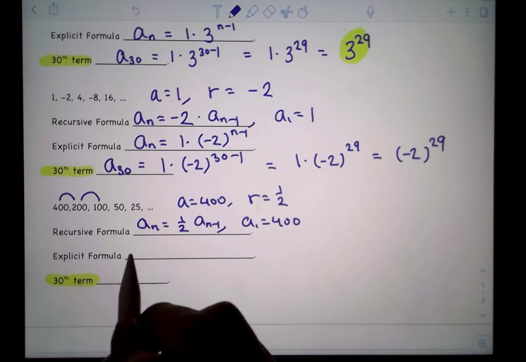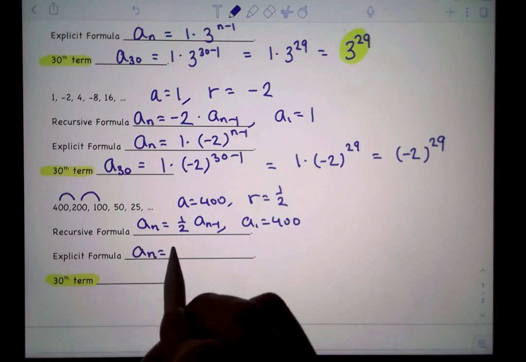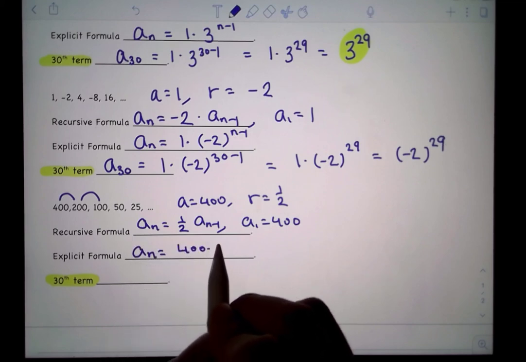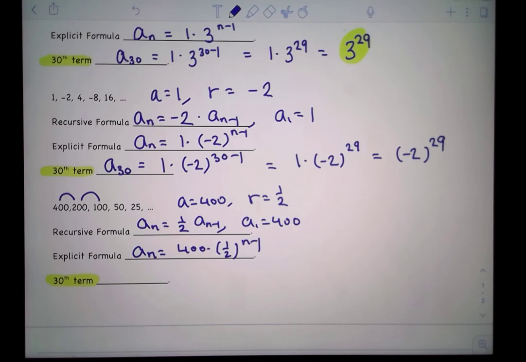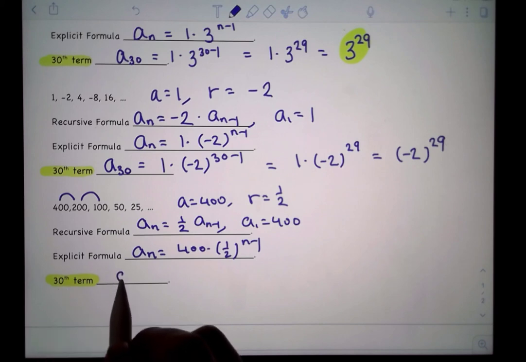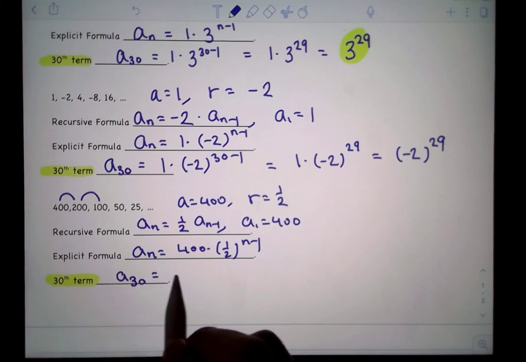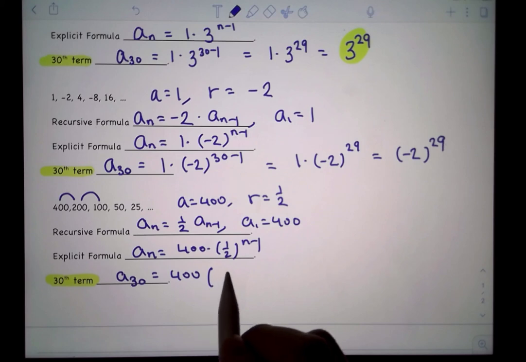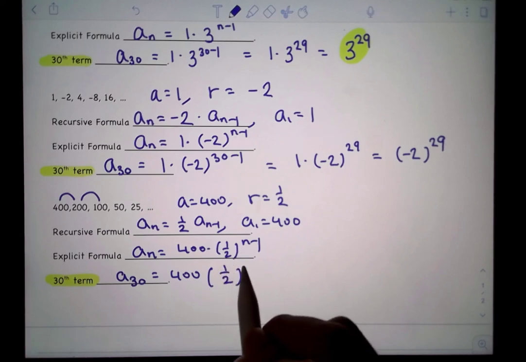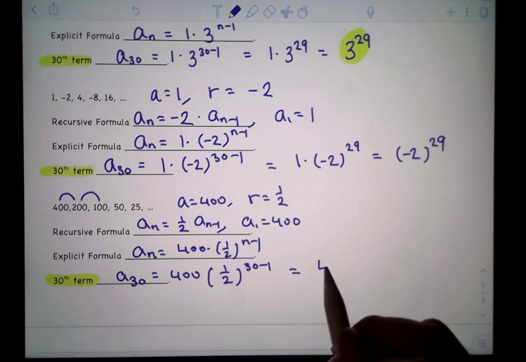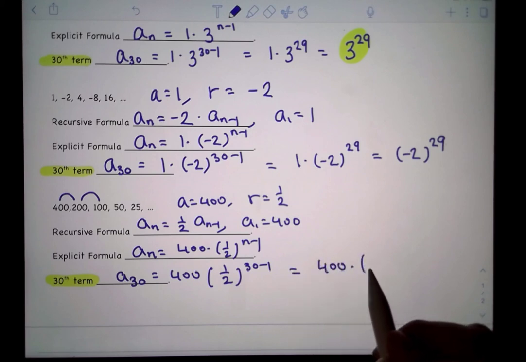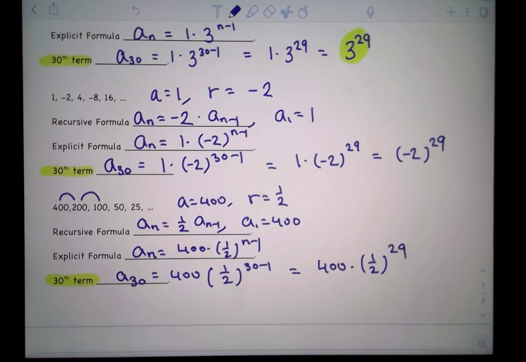And then the explicit formula, a n equals a r to the n minus 1, right? So I want to get a30, then what? You put 30 into n, so 30 minus 1, like this. Then this is 400 times 1 over 2 to the 30 minus 1, 29. So just keep it like this.